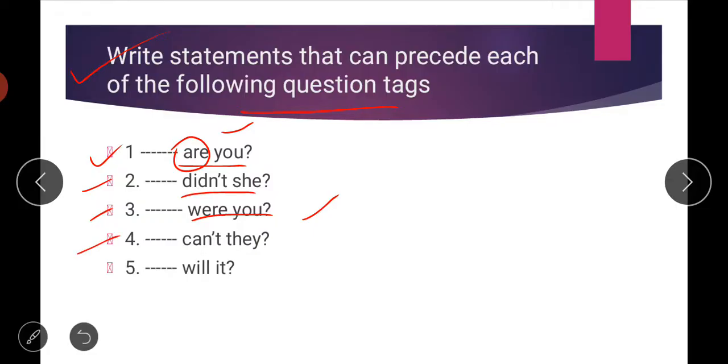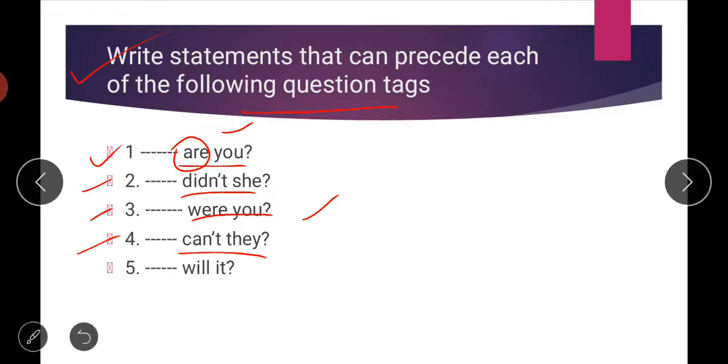Then fourth is dash can't they. So can't is being used in this tag. Can't means we are using a modal here, can. You can say can't is used, it means it's a negative tag. Cannot की shortcut form को हम can't बोल देते हैं, so that is why can't is used, it means we are talking about the negative tag. So we have to form a positive statement using this word can.